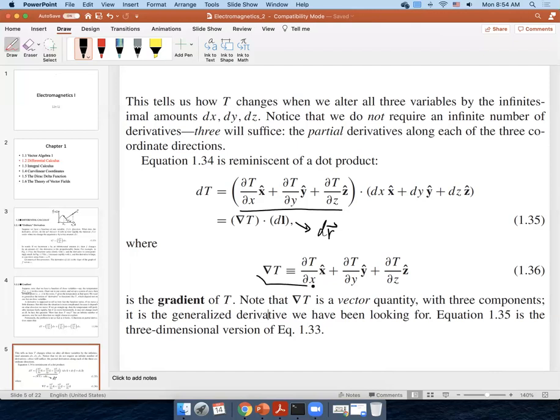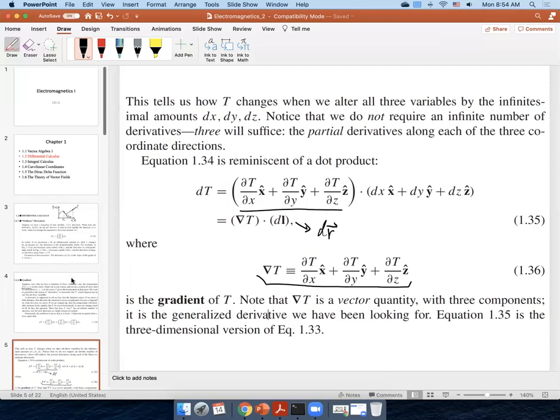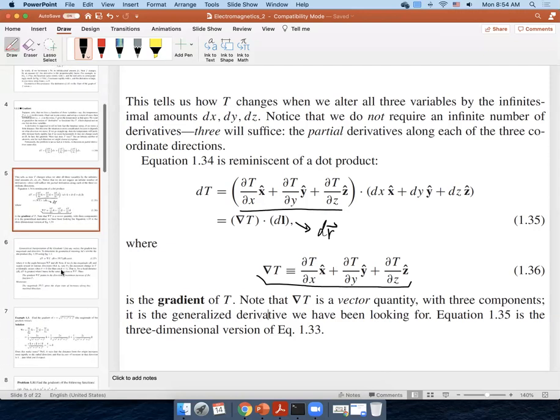That's the first concept we're going to learn in this class, the gradient. Note that del T is a vector because it has x, y, z directions or components. Okay, so let's start from here.